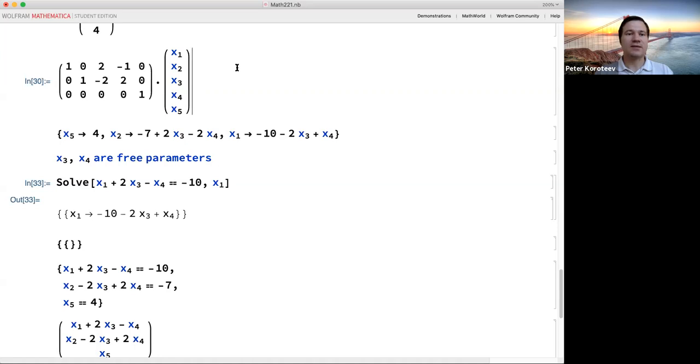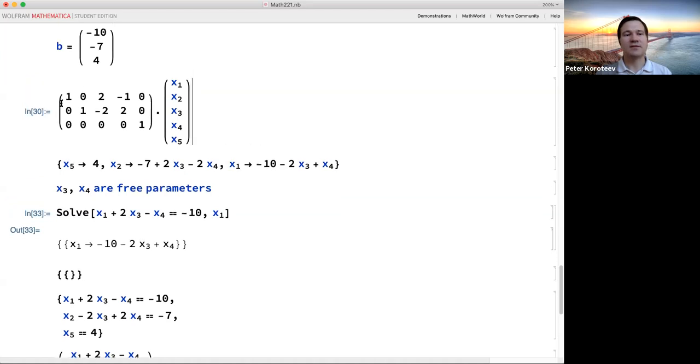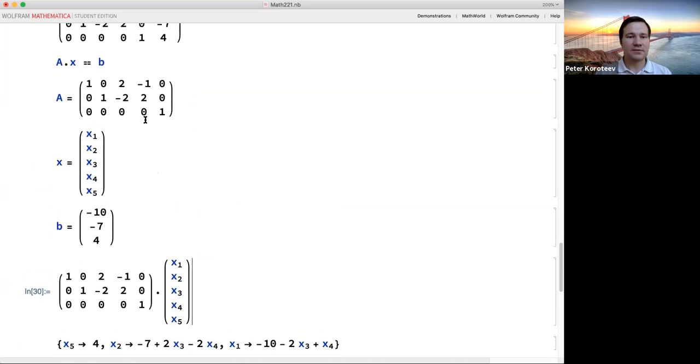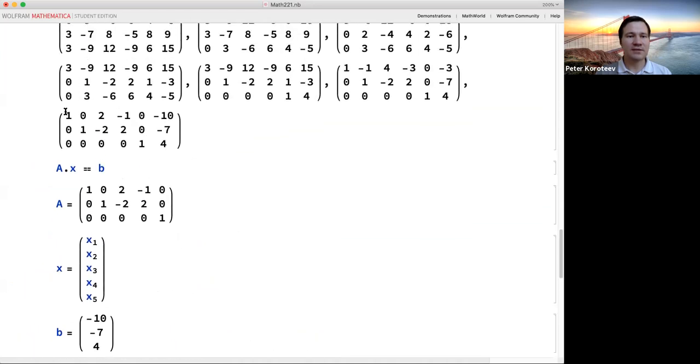And we can try to understand what this means in terms of this echelon form of the augmented matrix. Right, so see here, we had an augmented matrix like this, and its last row was 1 and 4. And so from here, we immediately decided that x5 is equal to 4.